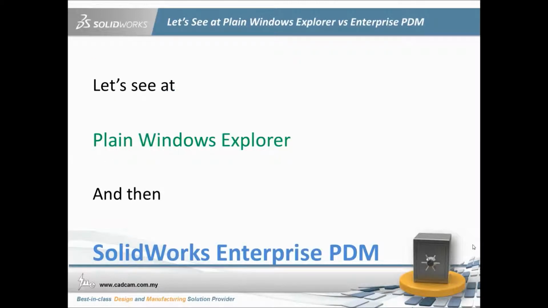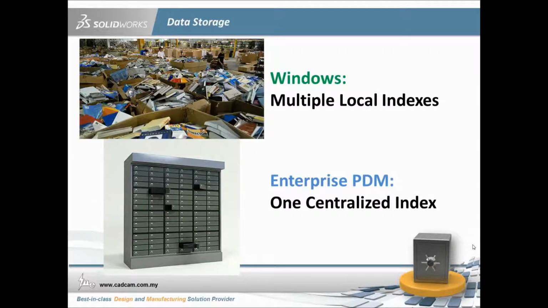Now we're going to have a look at how plain Windows Explorer works, and then how SolidWorks Enterprise PDM can help in this case. First of all, let's talk a little bit about the essentials, the most basic things: how the data is stored. Windows is actually multiple local indexes, just like a bookstore that has been scattered around in your company.